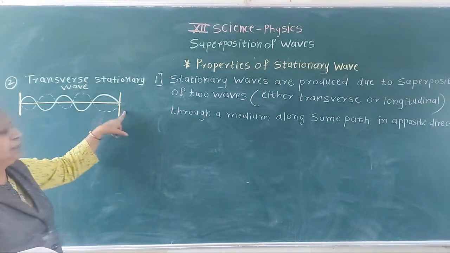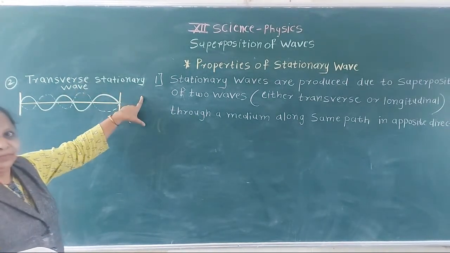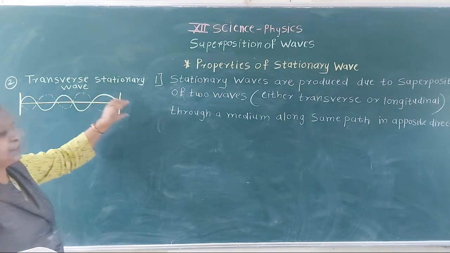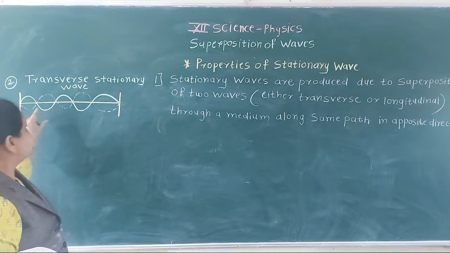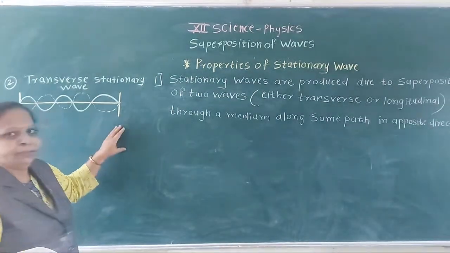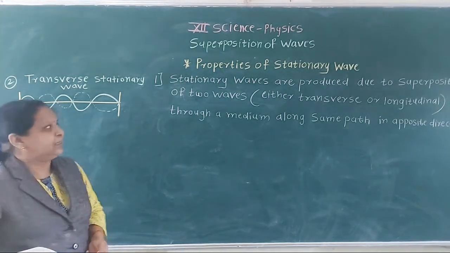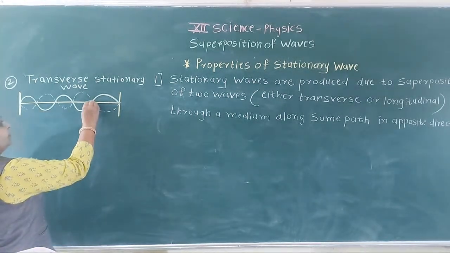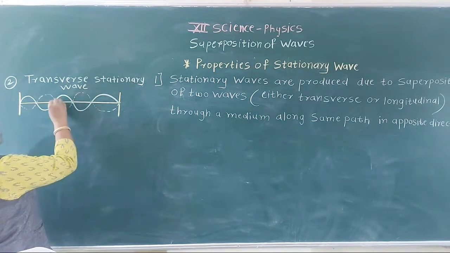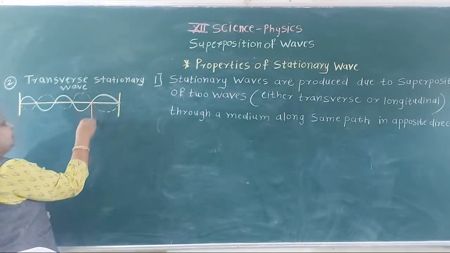Therefore, the resultant wave is known as the transverse stationary wave. Now, in the transverse stationary wave, there are some points where the particles do not move, means there is no motion. So, this point is known as the node point.